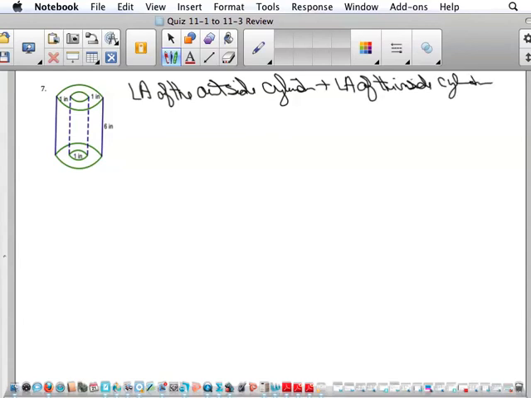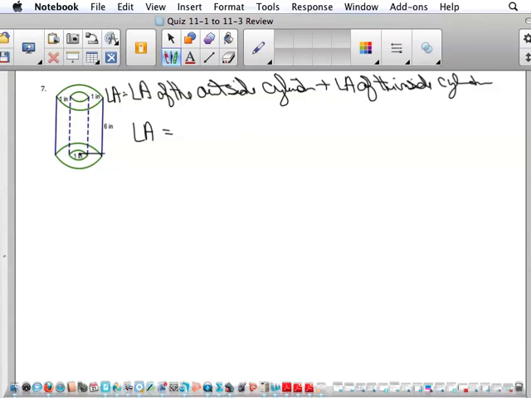Okay? Then when you want the total surface area, actually let's come back to that. Let's just go ahead and find those two. So my lateral area is the lateral area of the outside cylinder. If that is 3 inches in diameter, then it has a radius for the large circle of 1.5.